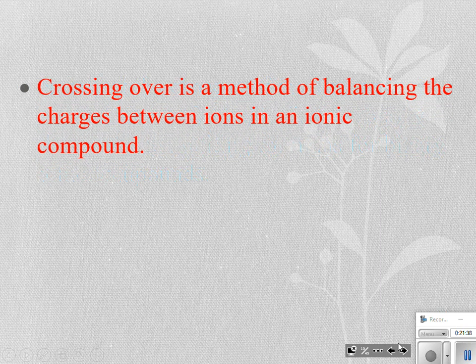Now, the crossing over method of balancing charges. I don't particularly use this method, but I'm going to show it to you. I don't use the crossover method because sometimes the crossover method is not correct. It's very few, but sometimes it's not.